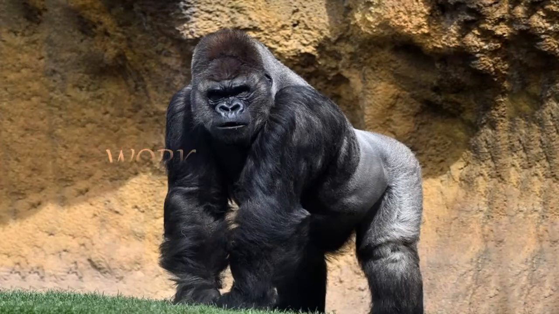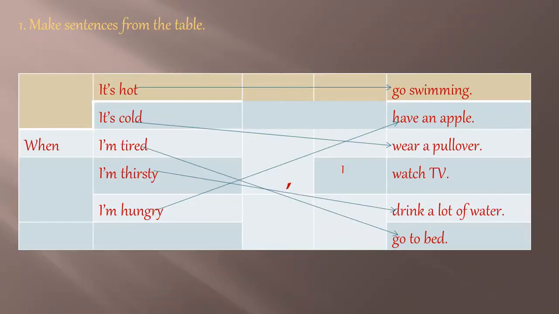Okay, question number 1 is make sentences from the table. These words are given. It's a kind of match the columns. Okay, so you have to make sentences. When it's hot, I go swimming, and when it's cold, I wear a pullover.